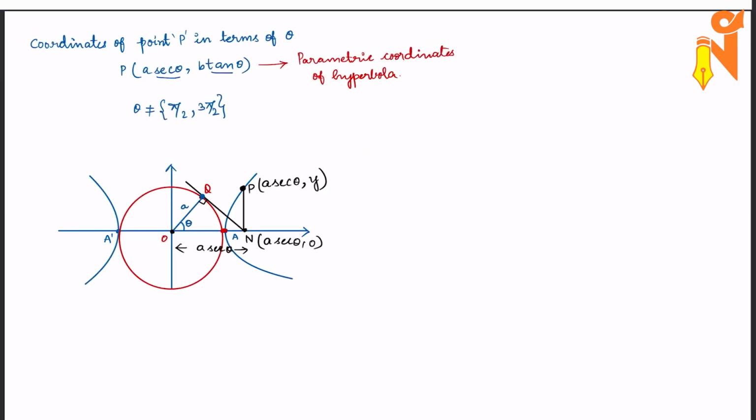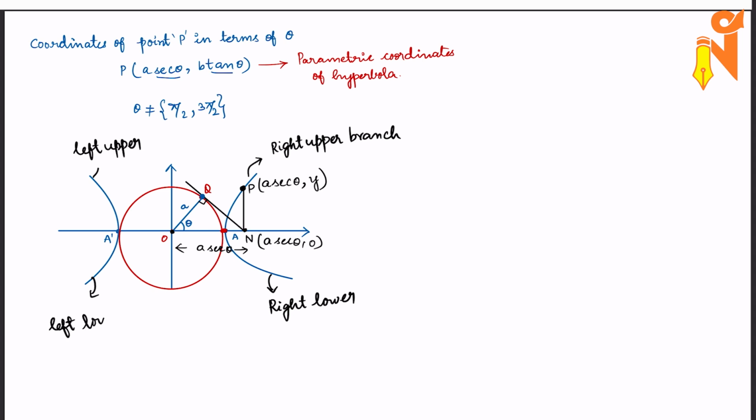So let us divide the branches of hyperbola as this branch, basically, which lies on the first quadrant, that is the right upper branch, and one on the fourth quadrant, right lower, and this is left upper and left lower.